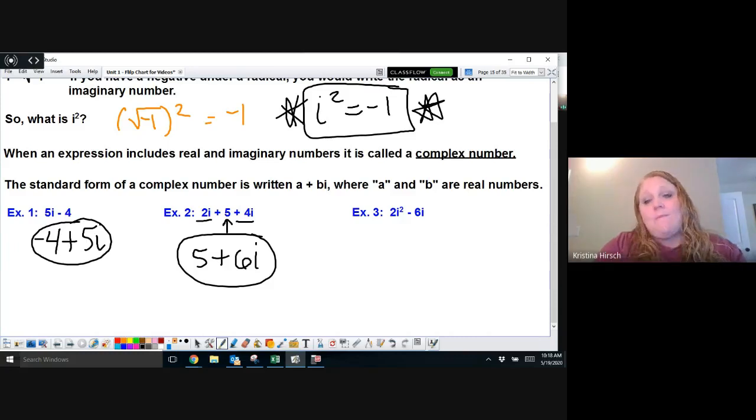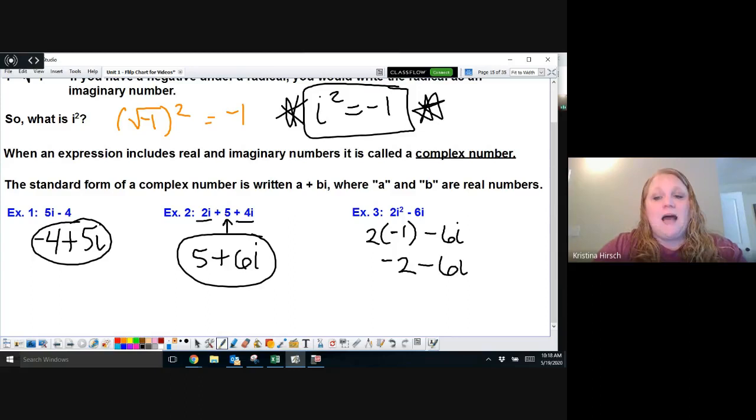In the last example, notice that there's an I squared. What did we say I squared was equivalent to? We said that I squared was equivalent to -1. So I need to deal with that first. 2 times -1 is -2, minus 6I. Is it in standard form? Real before imaginary? Yes, so this would be standard form. Make sure that your order is correct.